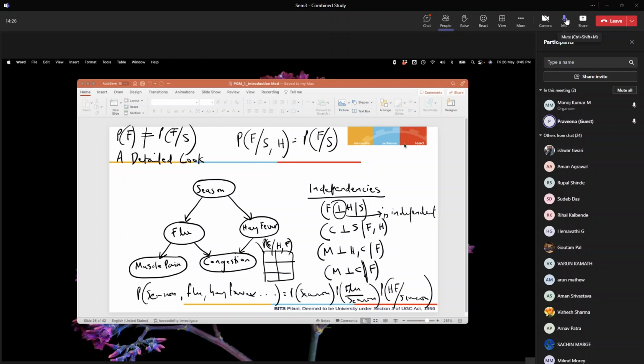That is how we would have expanded this based on the chain rule. In this case, because we had this graph, we are able to eliminate that, because we know that season cannot be determined by hay fever.